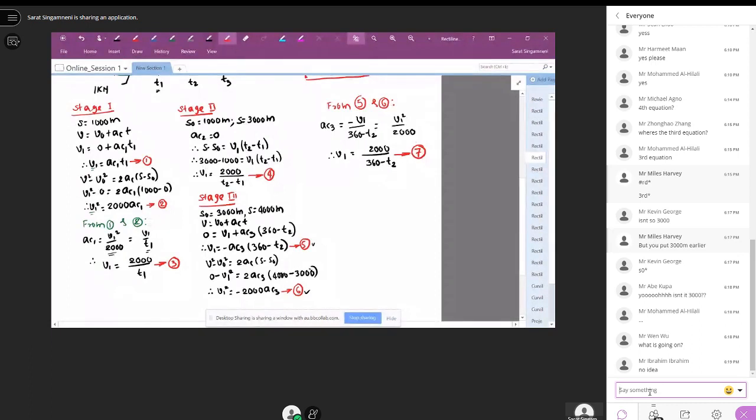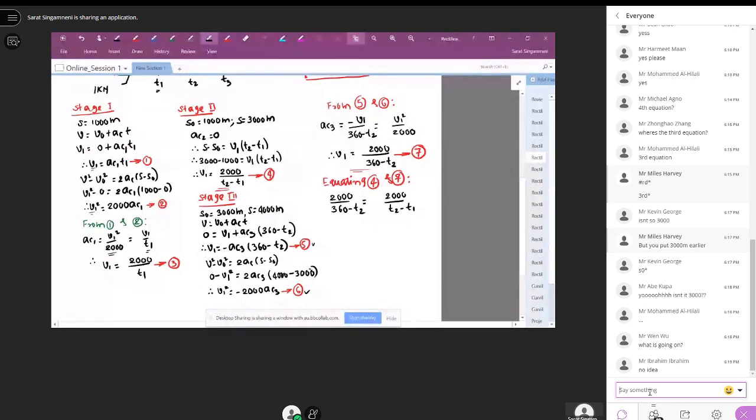Now, equation 4 is V1 equal to this, and equation 7 is V1 equal to this. So we can equate both of them. Equating 4 and 7, we get 2000 divided by 360 minus T2 is equal to 2000 divided by T2 minus T1.